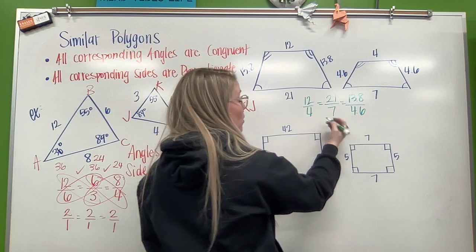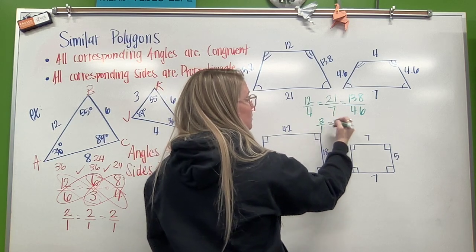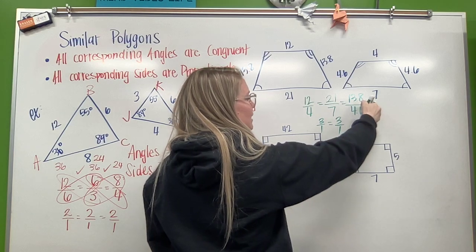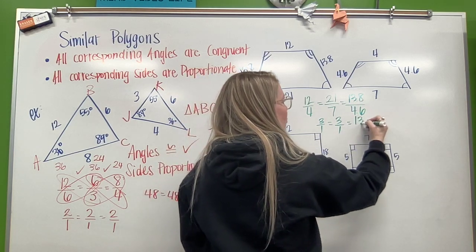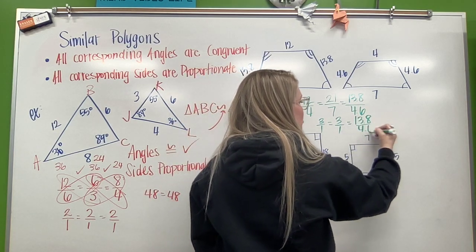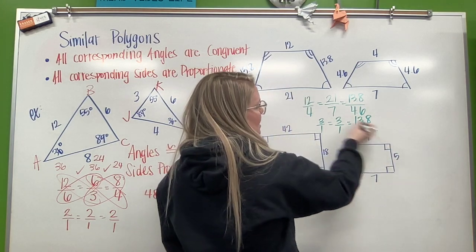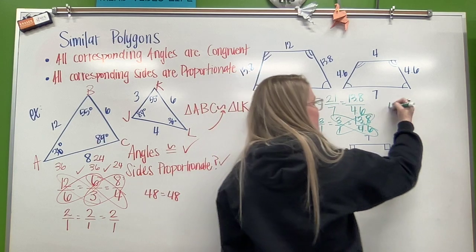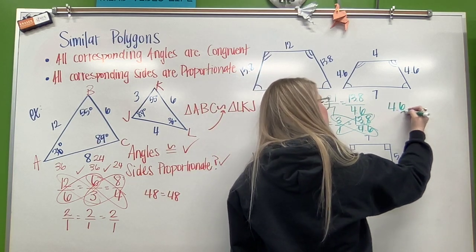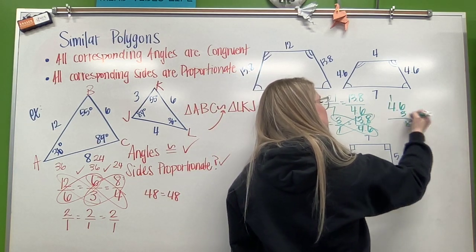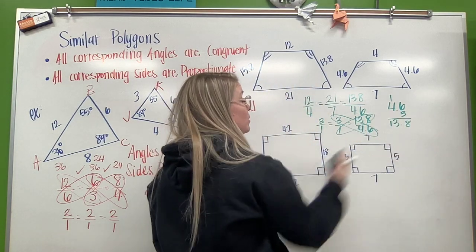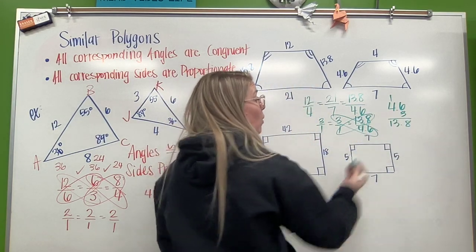12 over 4 reduces to 3 over 1. 21 over 7 is 3 over 1. And then this one, I'm not quite certain, so we're going to do a quick check. 4.6 times 3, that's 18, 12, 13.8. Yep. So all three of those reduced to 3 over 1.